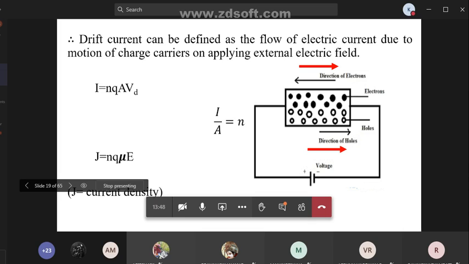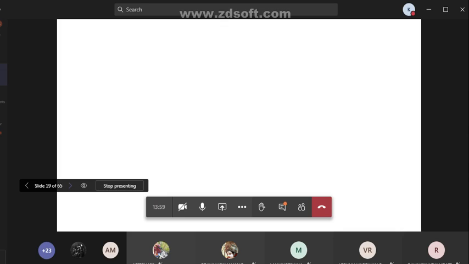Due to the motion of charge carriers, the current flows with the external electric field. That current is called drift current.